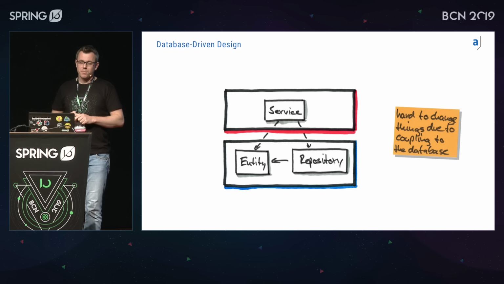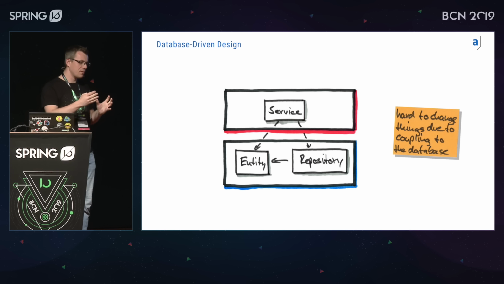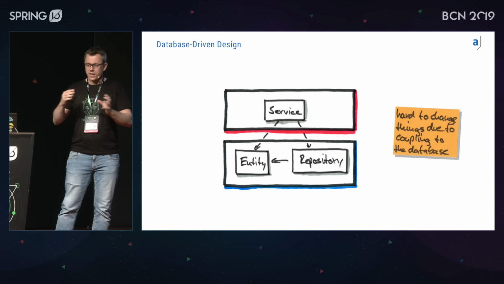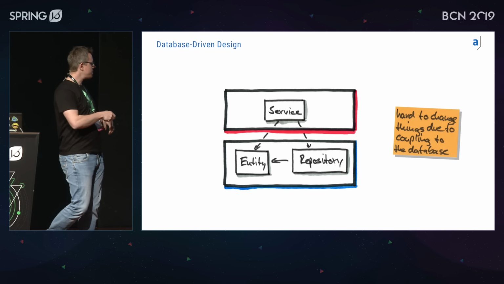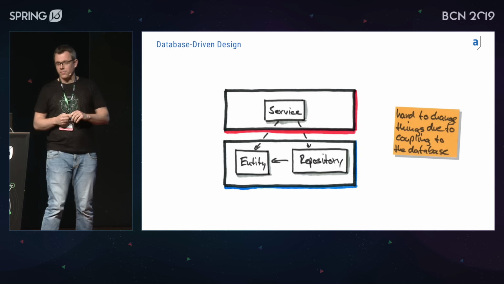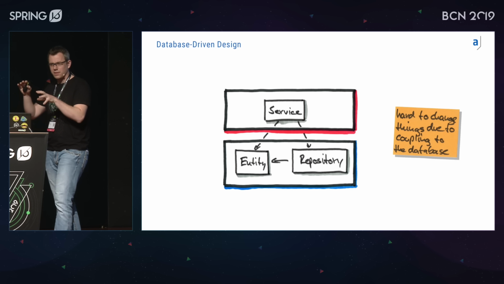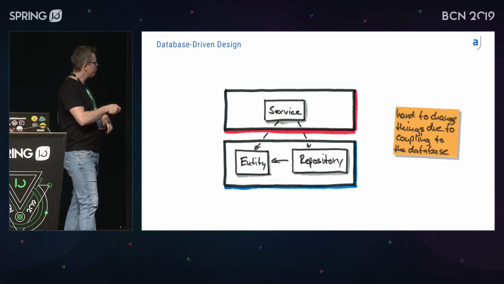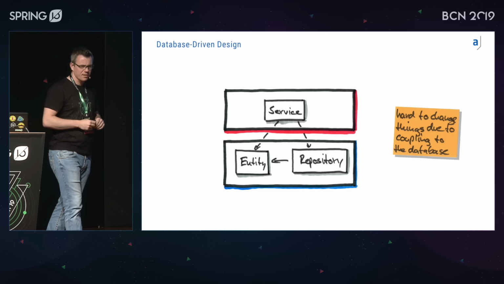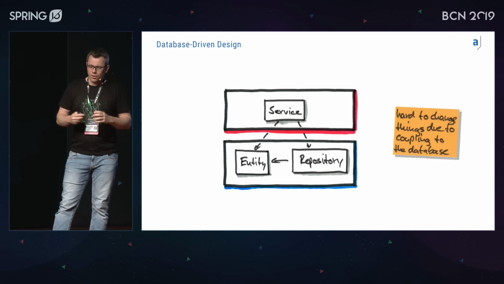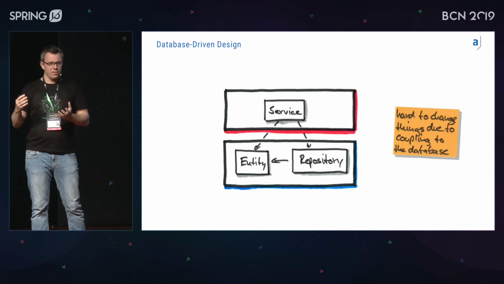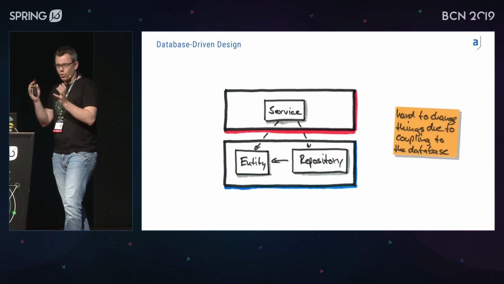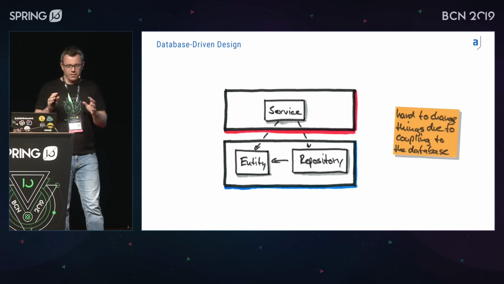And this couples the domain logic in our services very much to the database. Why is that? It's because the entity has all the JPA annotations and stuff like that. And in our service, if we're using the JPA entity directly, we have to take care of things like lazy loading and everything that can go wrong with using JPA.